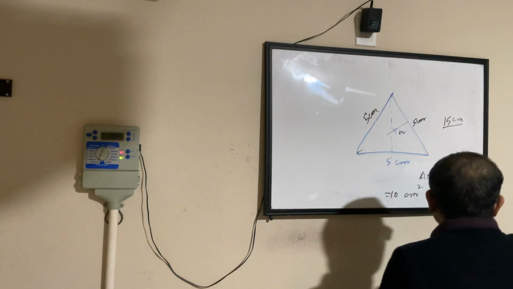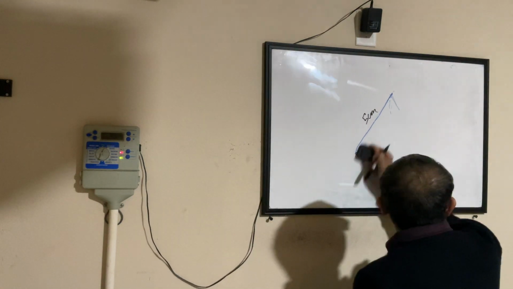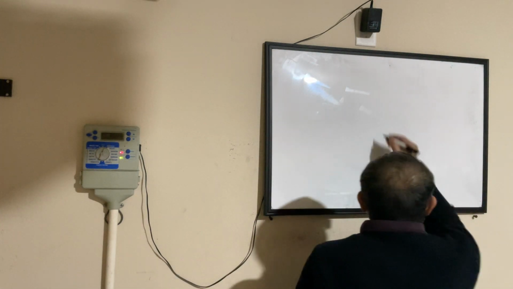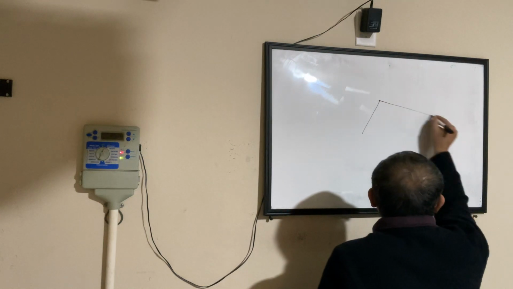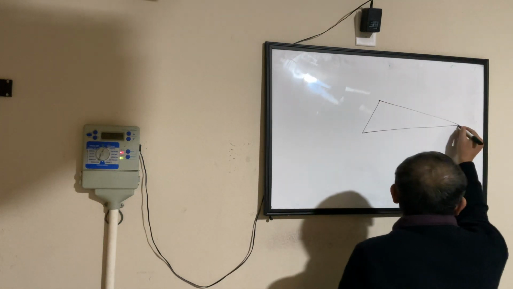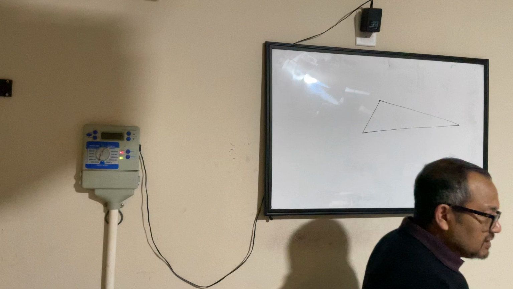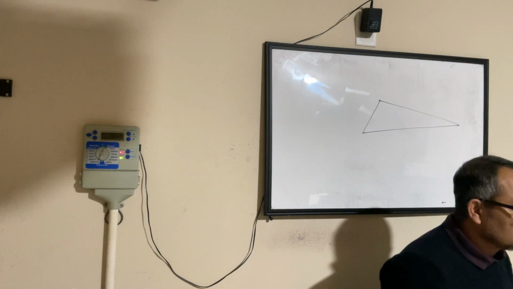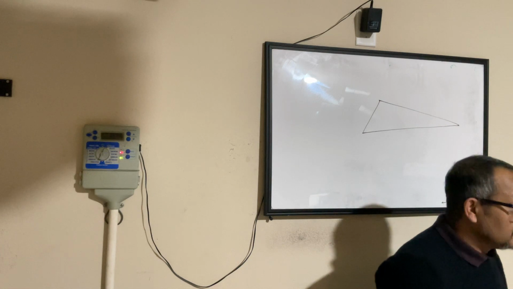So now let me give you guys one more problem with the same thing. If I say this is a triangle, what does it look like? Is it looking like an equilateral triangle? It's an isosceles triangle. Are you sure?